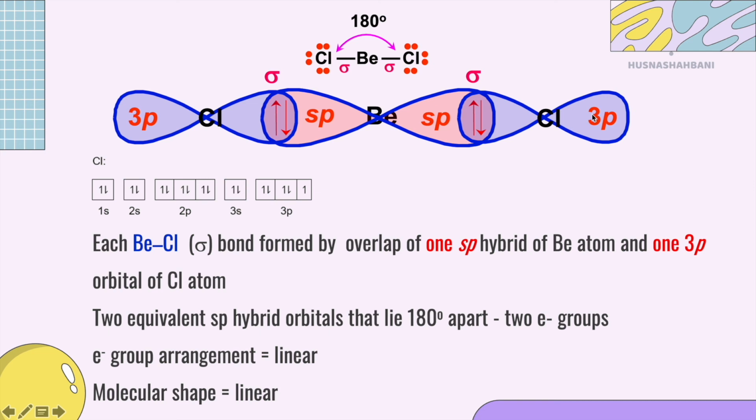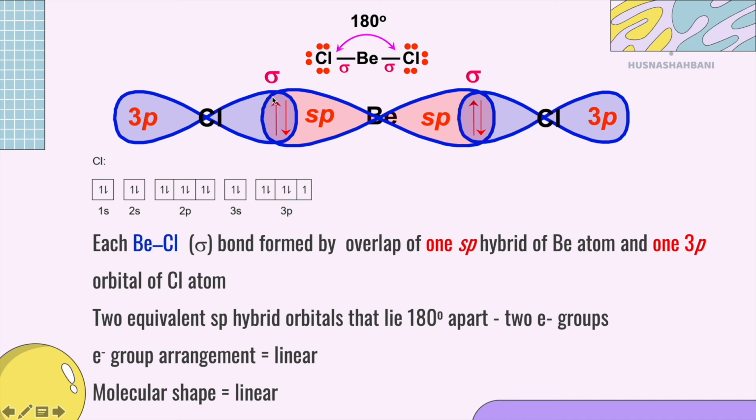Make sure to write 3p, not just p orbital, because you wouldn't know whether it's 3p or 2p. There's no unpaired electron in 2p, that's why you have to specify it's the 3p orbital. Each Be-Cl bond, or sigma bond, is formed by the overlap of one sp hybrid of the central atom Be and one 3p orbital of the Cl atom.